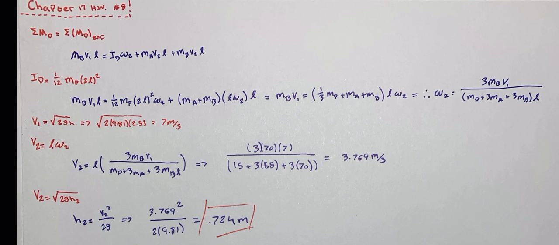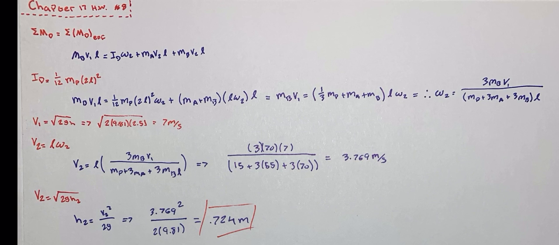So if we plug that in, we can solve for omega and get 3 mB V1 over the mass of the plank, the mass of person A, and the mass of person B, times L.